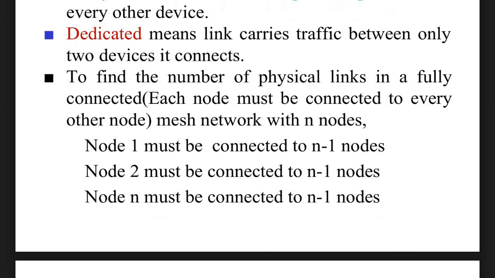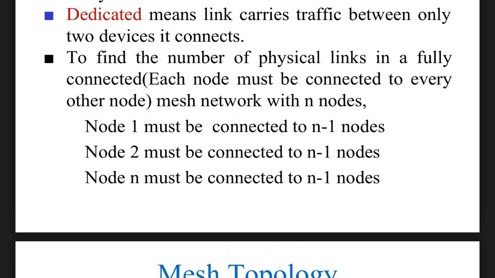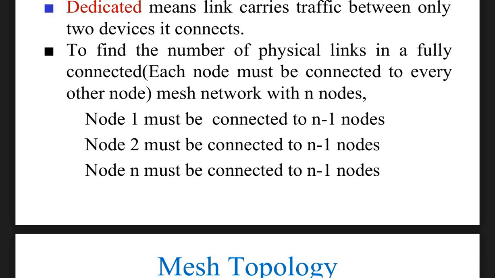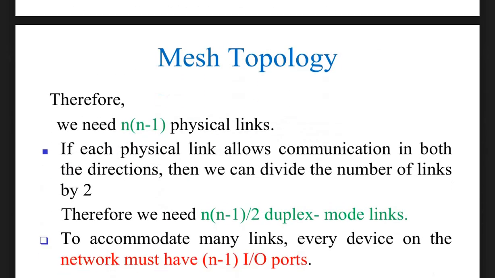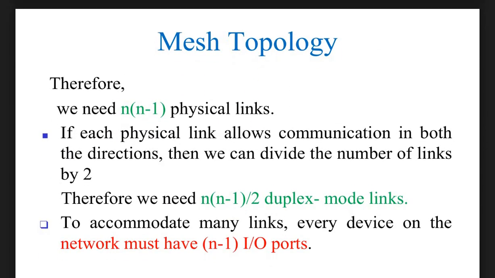Whether it is node 1, node 2, or node n, everything is n minus 1. Along with that I am also there, so it is n into n minus 1. These many links are needed.